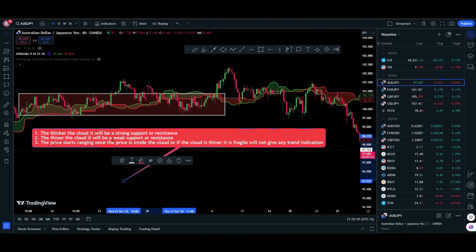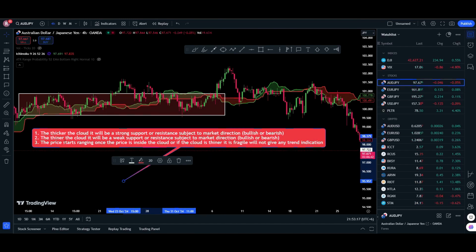The thicker the cloud, it will be a strong support or resistance, subject to market direction, I mean bullish or bearish. And the thinner the cloud, it will be a weak support or resistance, again subject to market direction, that is bullish or bearish.